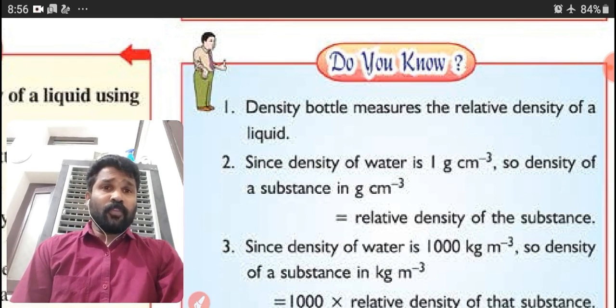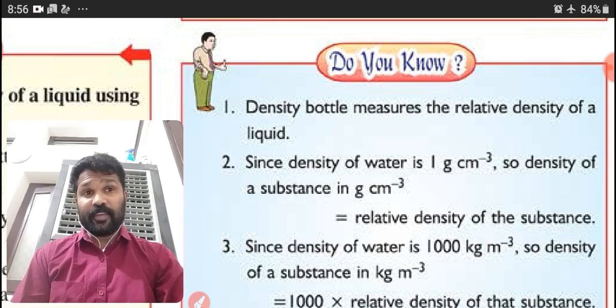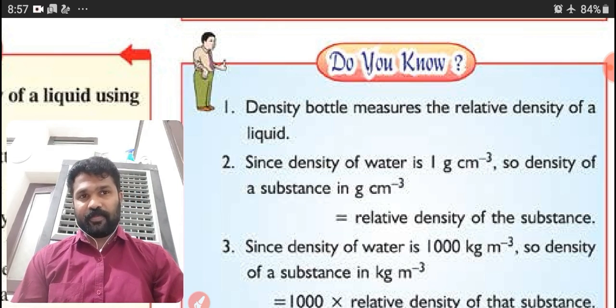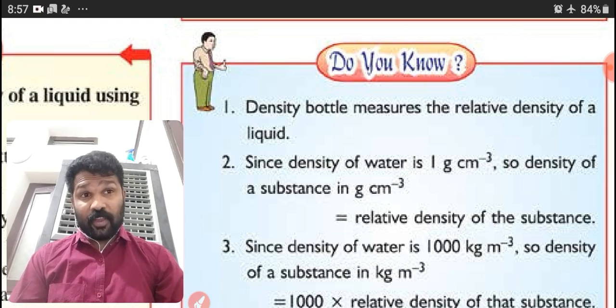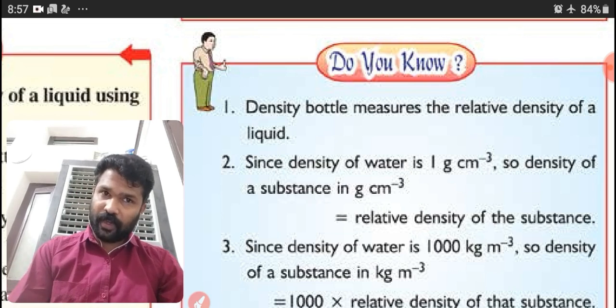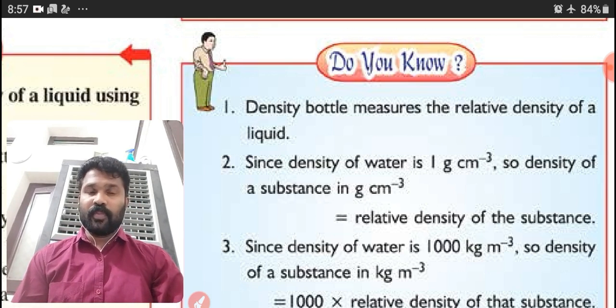Here, first one, density bottle measures the density of a liquid. Since density of water is 1 gram per centimeter cube, the density of a substance in gram per centimeter cube is equal to the relative density of the substance.